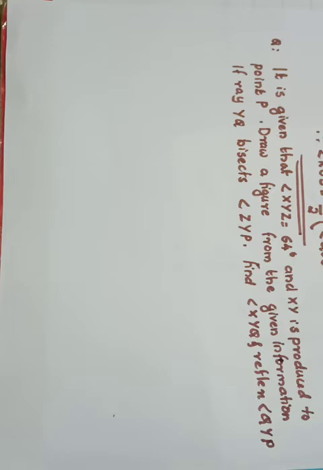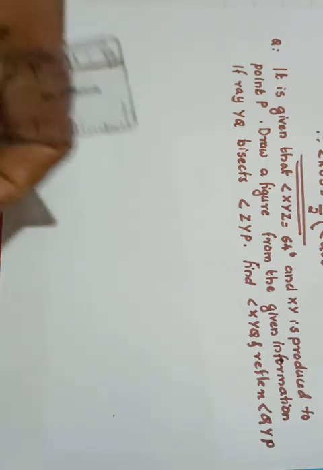If ray YQ bisects angle ZYP, find angle XYQ and reflex angle QYP. That is the question. That means the figure is not given. You have to draw a figure.